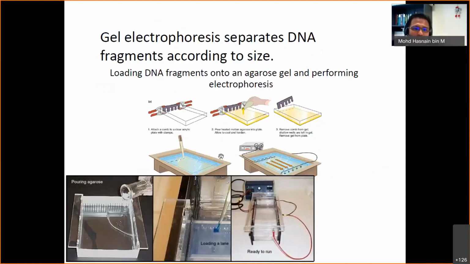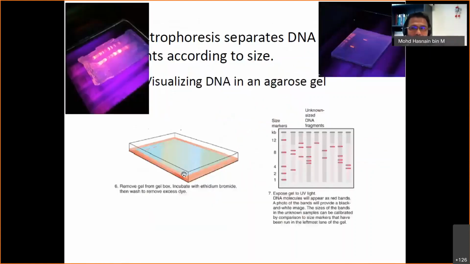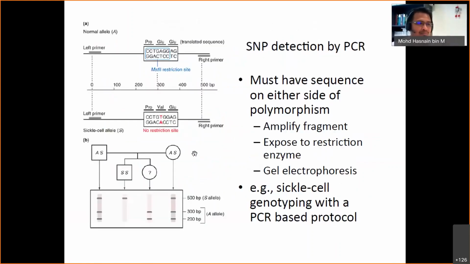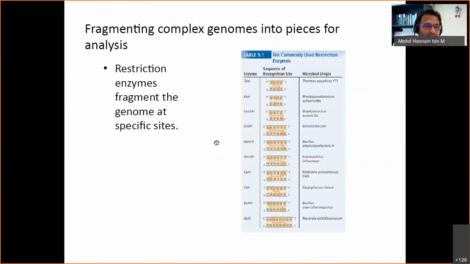The protein concept is also the same, but you will learn about this later in another course. Okay, fragmenting complex genomes into pieces for analysis. Sometimes a very long DNA cannot be analyzed, so you need to make it shorter.